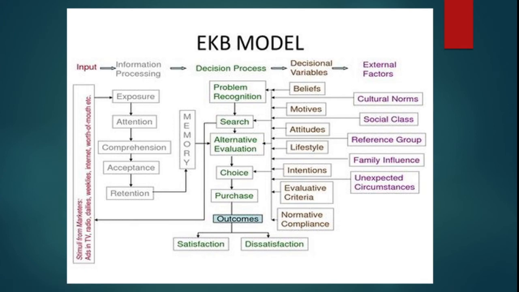Before a message can be used, the consumer must first be exposed to it, allocate information processing capacity to it, interpret the stimulus, be persuaded by it, and retain the message in long-term memory. In order to be retained in long-term memory as information and experience, the message must pass through short-term memory, where the message is analyzed for meaning.